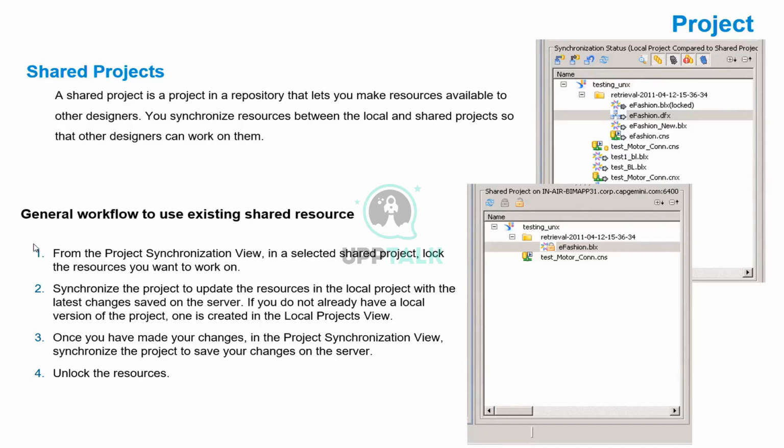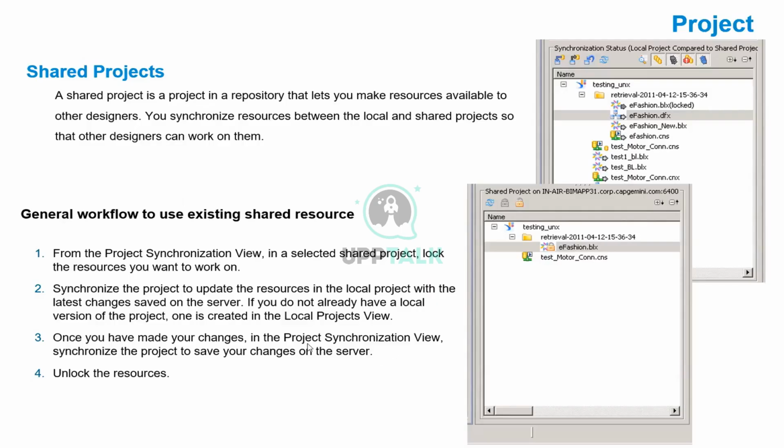To keep that in synchronization, this is the general workflow that we need to follow. From the project synchronization view, in a selected shared project, lock the resources you want to work on. Whenever you want to work, first you need to lock the resources so that other users cannot edit or change them at the same time.